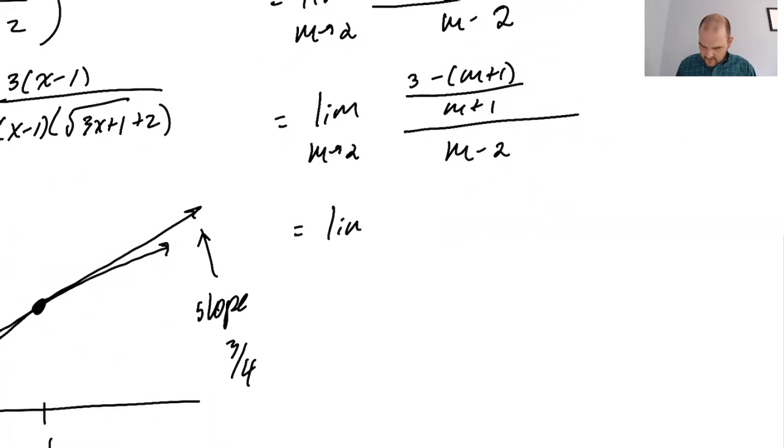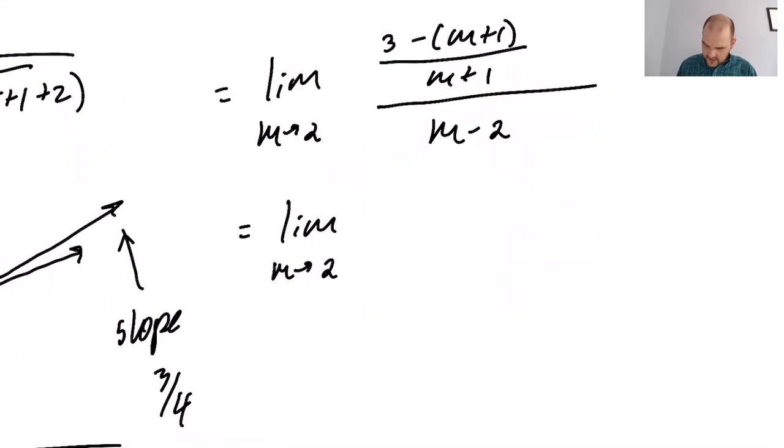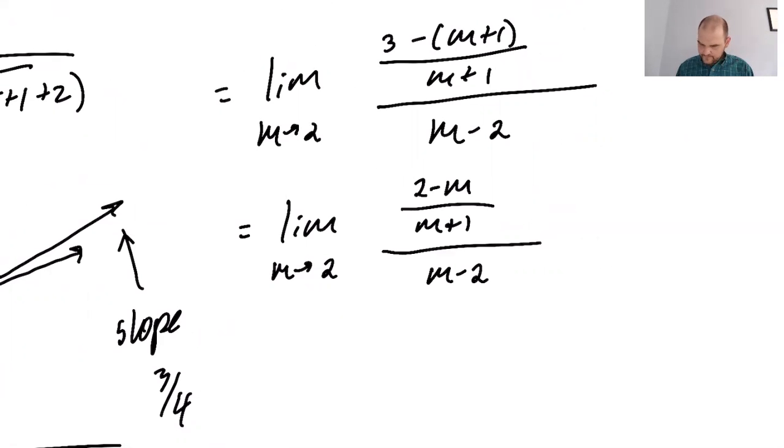Equals the limit as m approaches 2 of, all right, what do I get? 3 minus m minus 1. So it's 2 minus m overall. Okay, I see where this is going. So 2 minus m over m plus 1 all over m minus 2.